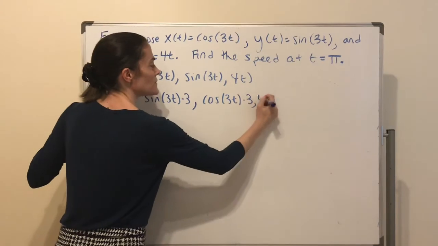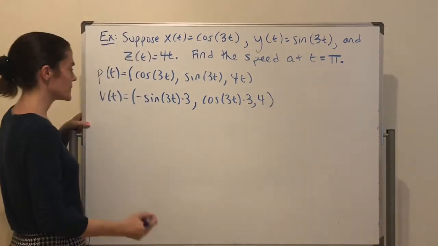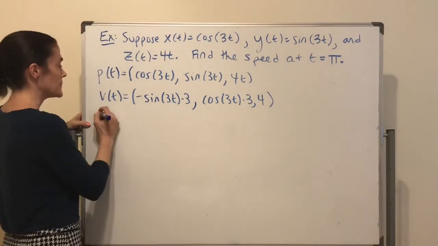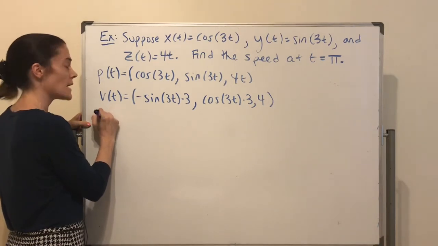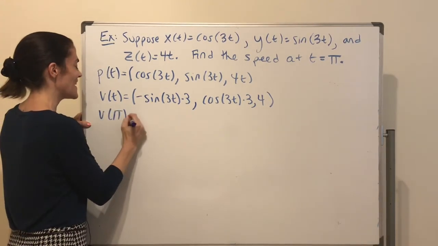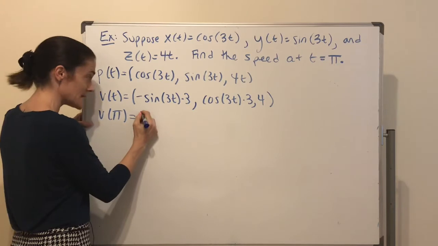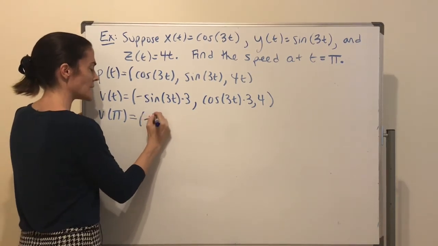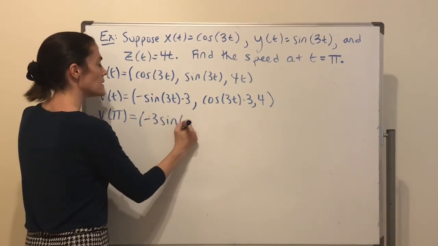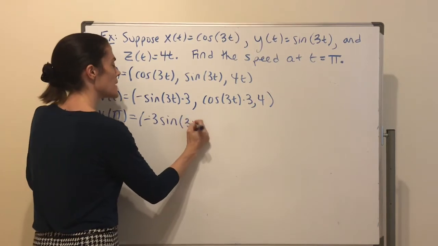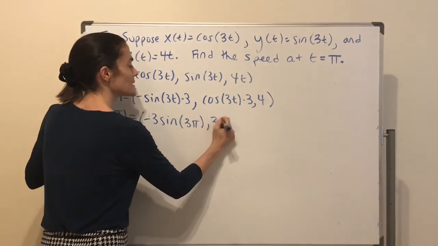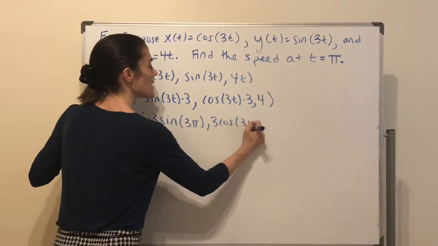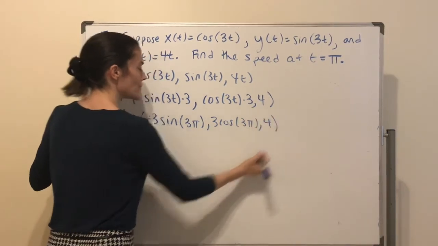And then the derivative of 4t, that's just 4. Now let's go ahead and evaluate this at pi. The velocity at pi is, well, we have minus 3 sine of 3 pi, comma, 3 cosine of 3 pi, and 4.